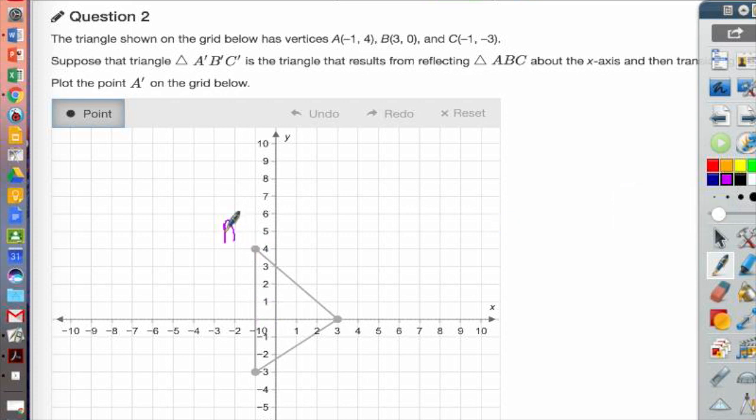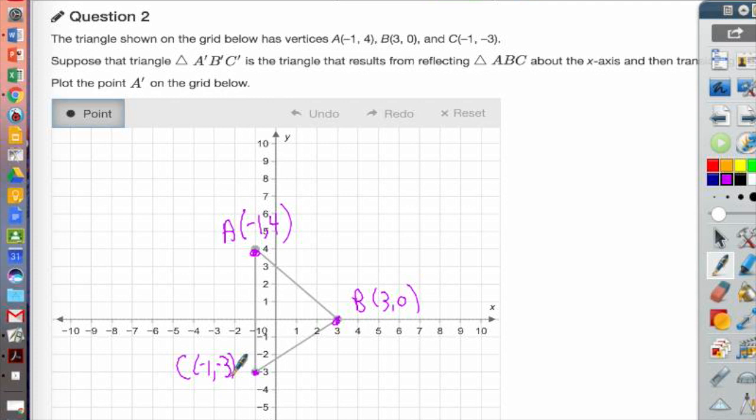So this point right here is A. -1, 4. It goes on to say that this is point B, is at 3, 0. And this point is at C, -1, -3. So we have them labeled perfectly.